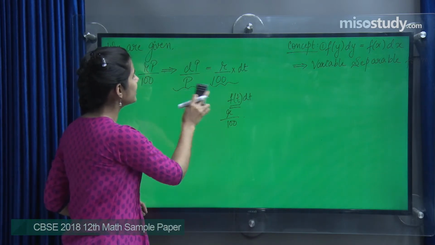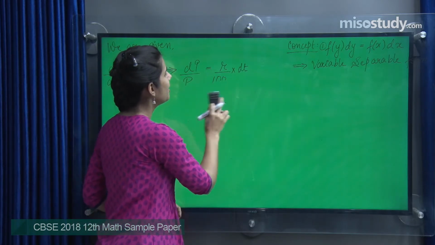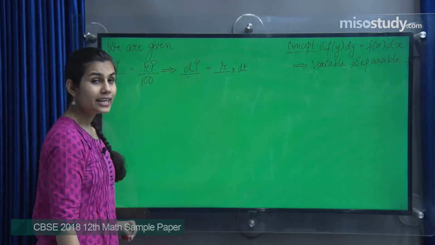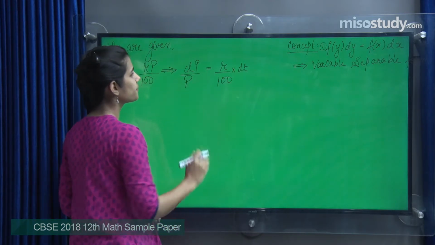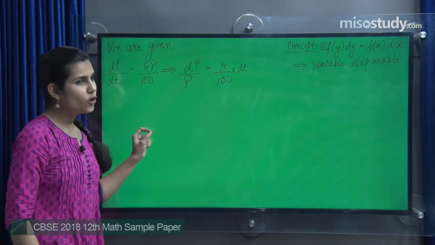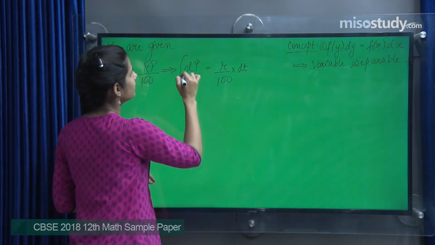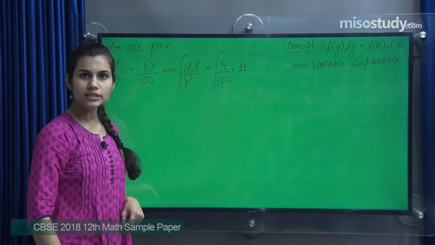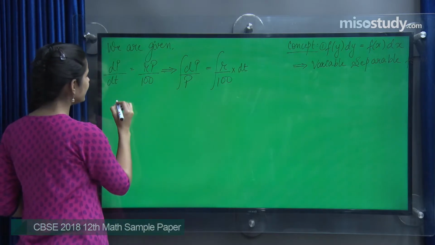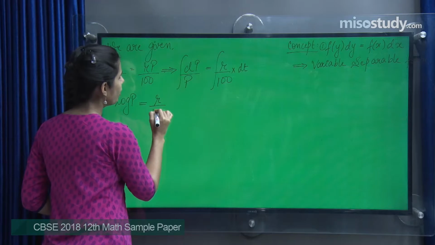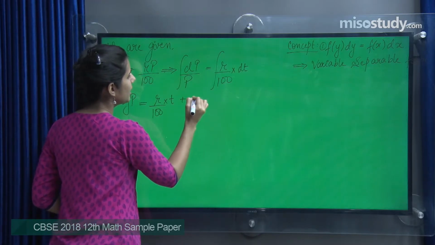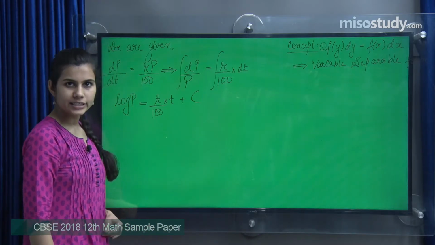Once you have this, that means this is nothing but the variable separable form. And now we know what is supposed to be done. Integration. This becomes what? 1 by p dp becomes log p. This is equal to r upon 100 into t plus the constant of integration.